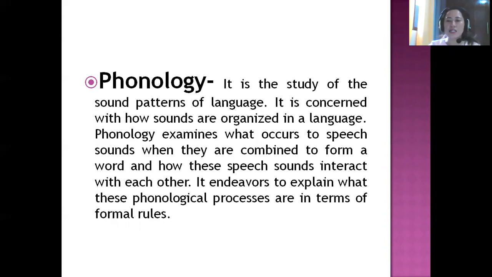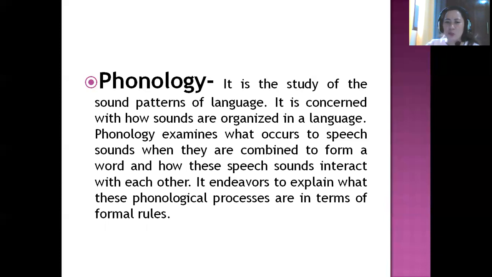So the second discipline is phonology. What is phonology? It is the study of sound patterns of language. It is concerned with how sounds are organized in a language.